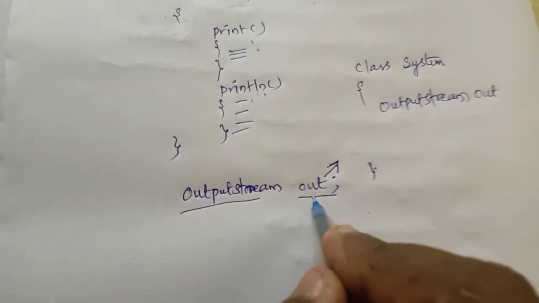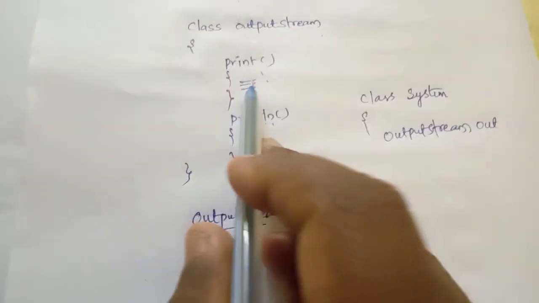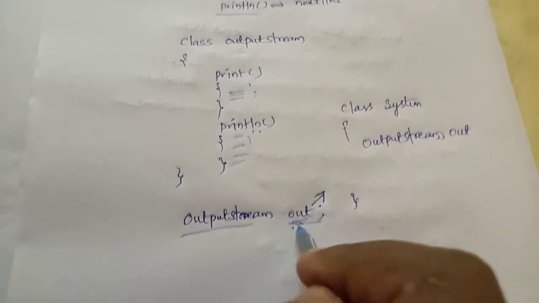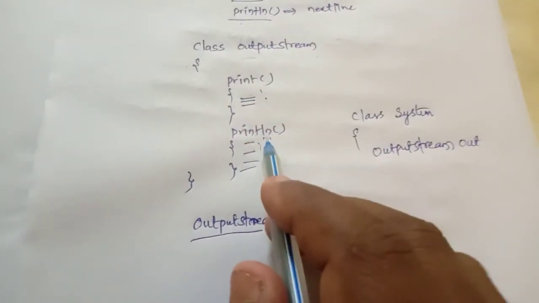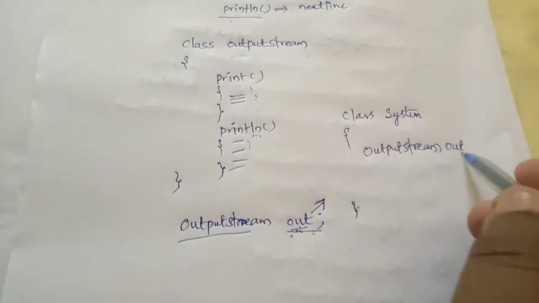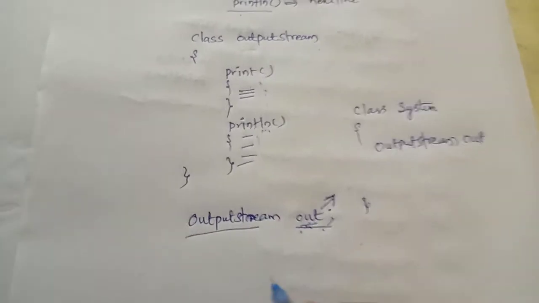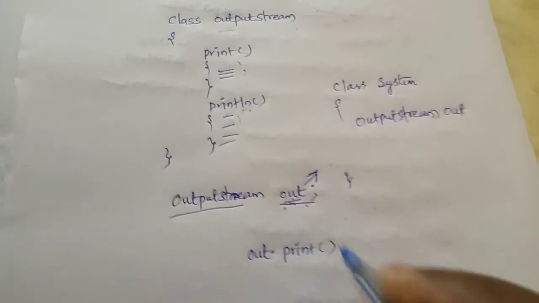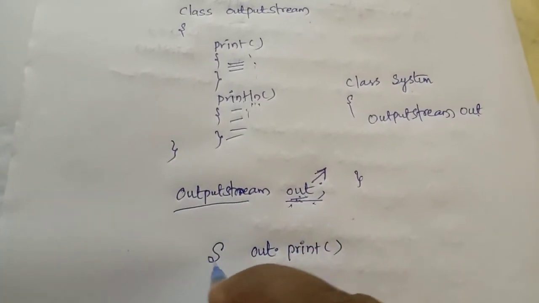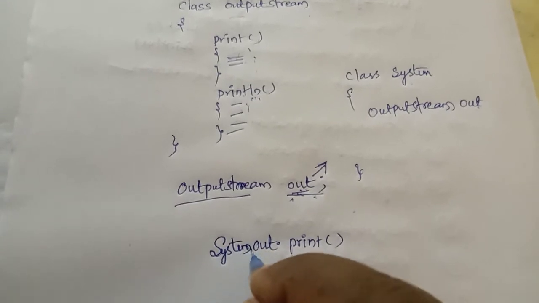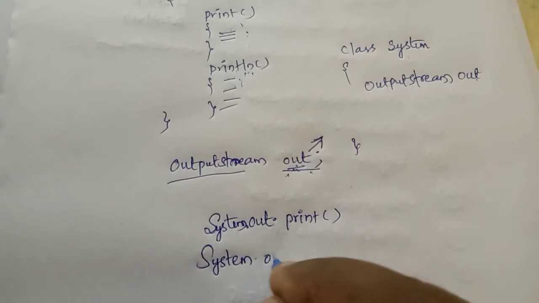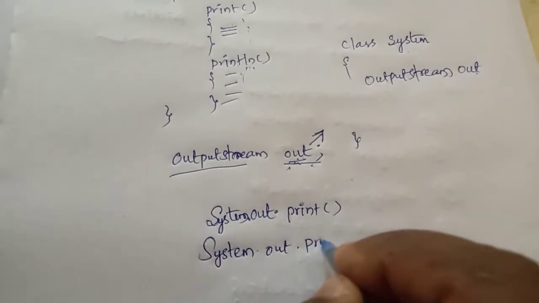How to call this method? Out dot print, because this is the object and this is the method. To call any method we have to use our object name, out dot print or out dot println. But this out object is present in the system class, so you have to write system dot out dot print or system dot out dot println.